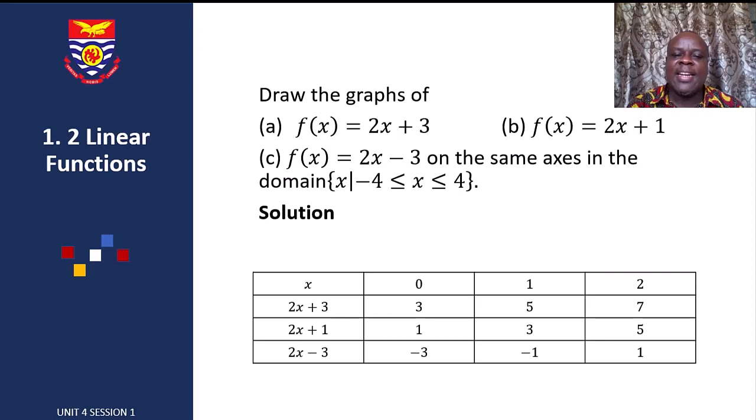And then we have the expressions. So when you put 0 into the first one, you have 0 times 2 plus 3, you have 3. You put 1, 1 times 2 plus 3, you have 5. You put 2, 2 times 2 plus 3, you have 7. You do it for all the other expressions.